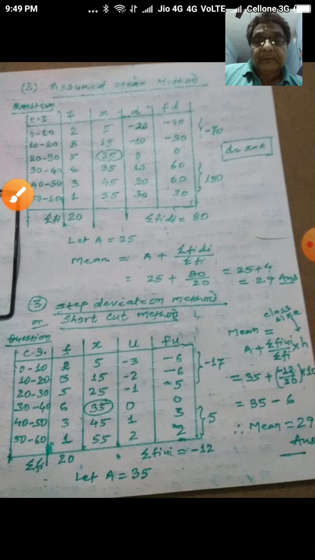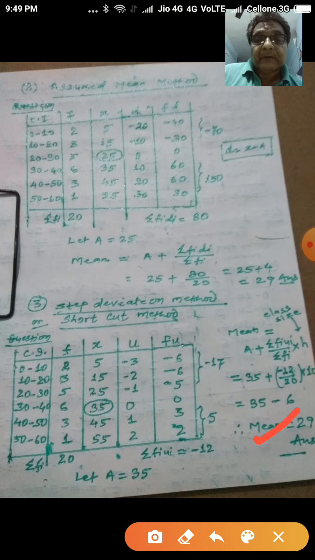Then we put in the formula: mean equal to a plus sigma fi ui divided by sigma fi, into h. Ultimately it is equal to 35 plus (minus 12 divided by 20) into 10, and finally we again get 29, which verifies our answer, because it is the same question, so the answer again comes 29.